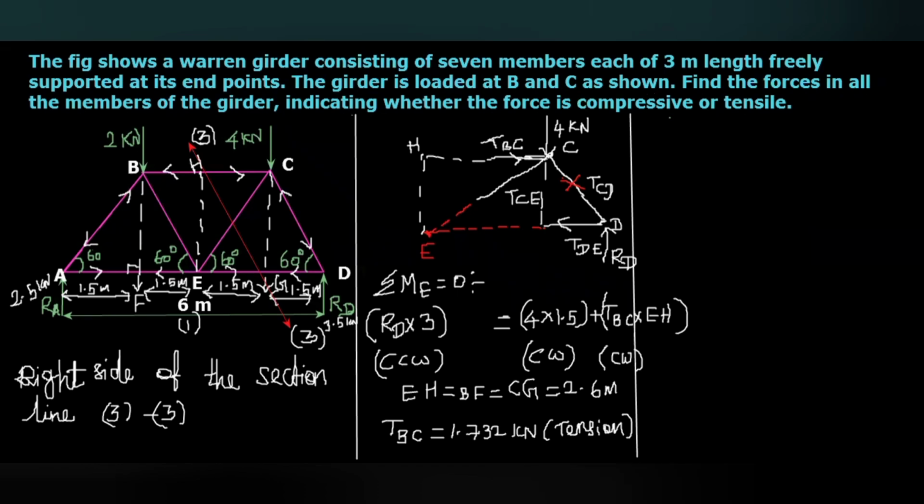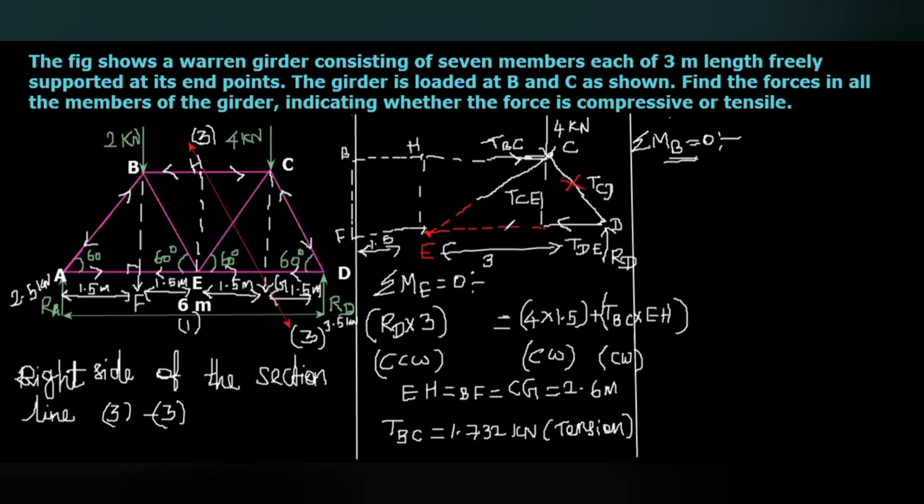Then take moment about B and equate to 0. Actually here you can see the point B, that is extension in H. So here the vertical will be F. Here this FE is 1.5, and this total distance is 3.